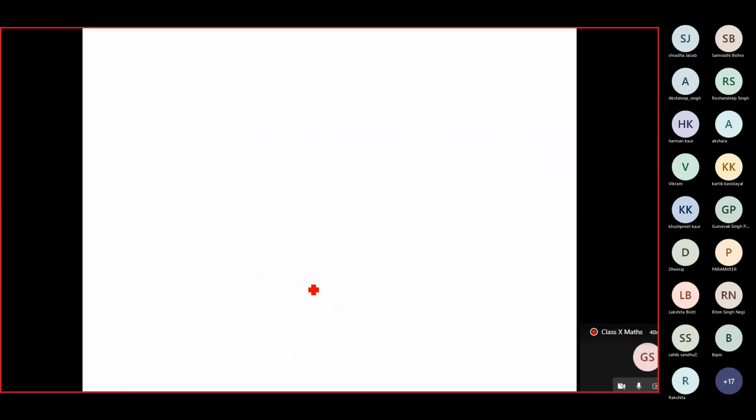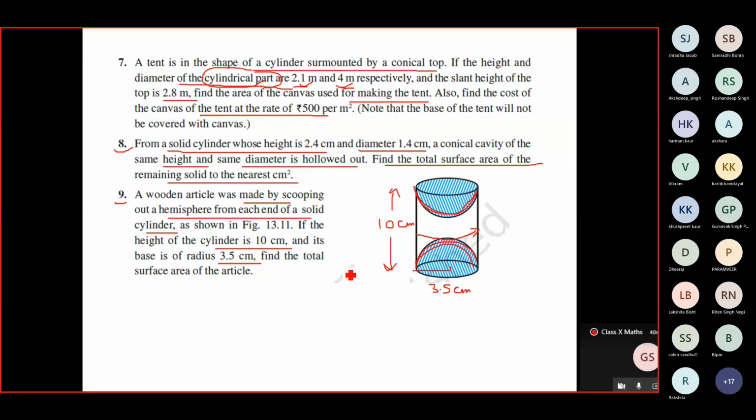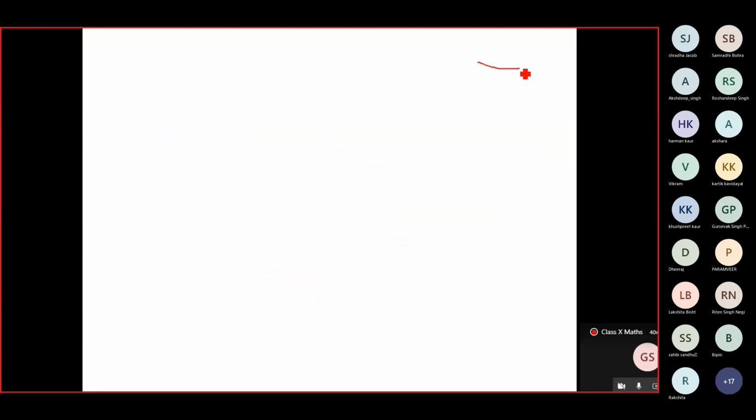Now this whole article is of 10 centimeter. Scooped out two hemispheres like this, one from here, another from here. It is not too good, but make a good diagram in your notebook.